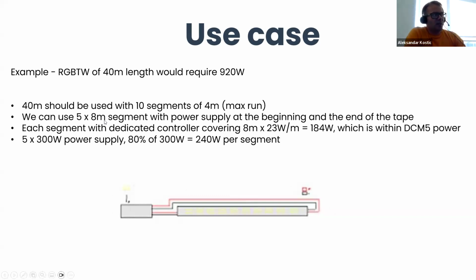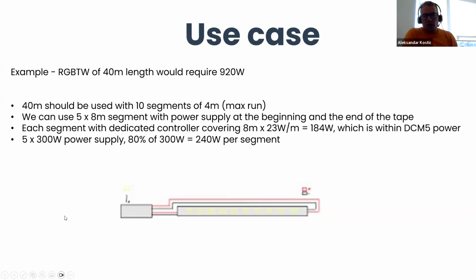As I have 5 segments, I will use 5 power supplies, and I will use the biggest power supply of 300 watts. 80% of that, which is the recommended way to use it, is 240 watts available for each segment. 240 watts is higher than 184, so one 300 watt power supply would be enough for each segment of 8 meters.